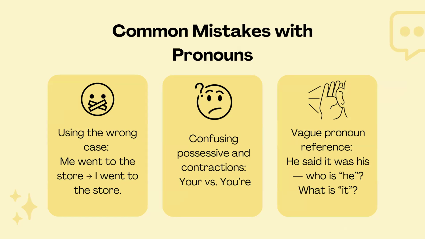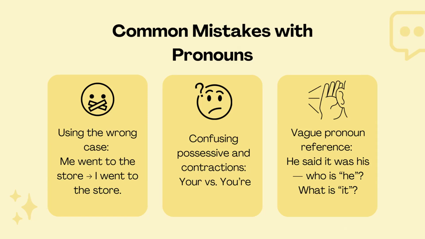Next, confusing possessives and contraction forms. Basically, you won't make any mistakes when you are speaking with somebody, because your and you're with an apostrophe have the same pronunciation, so we don't have any problem with that. But when you are writing something, at that time you tend to make a common mistake: you put your instead of you're, and you're instead of your.